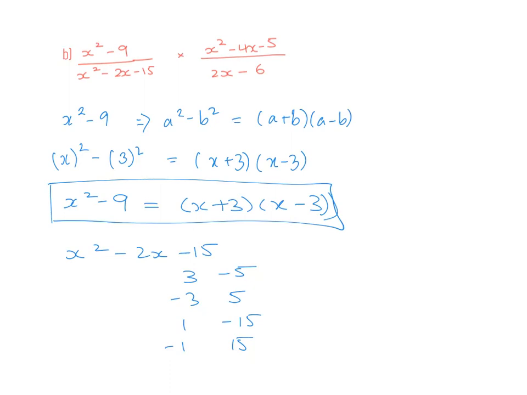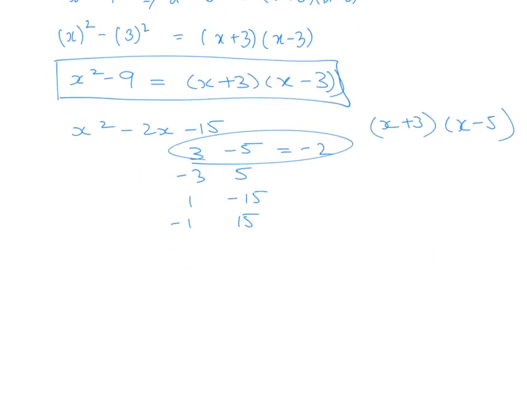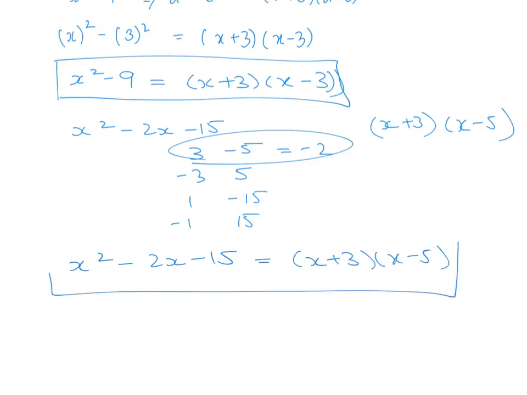So 3 minus 5, well, that gives me minus 2. I don't need to go through the rest of the list. So I could write this down as x plus 3 and x minus 5. So x squared minus 2x minus 15 can be rewritten as x plus 3 and x minus 5.